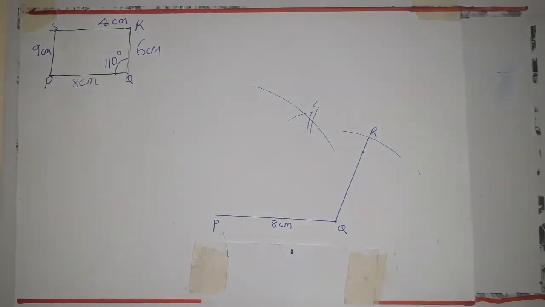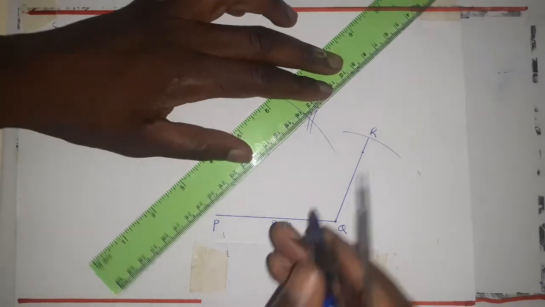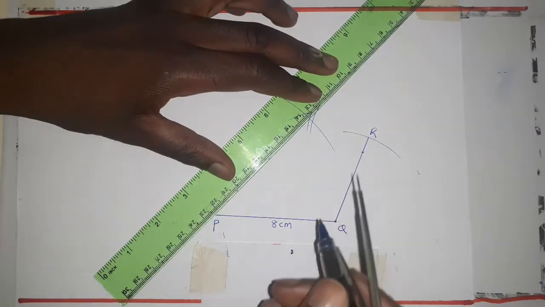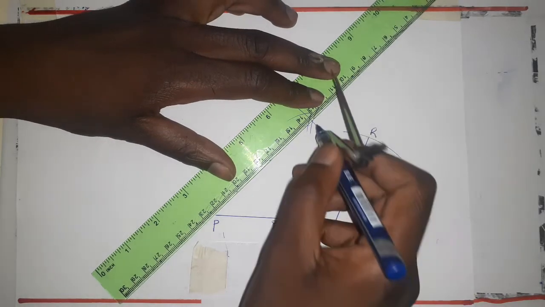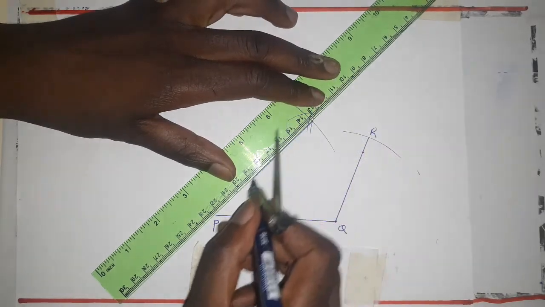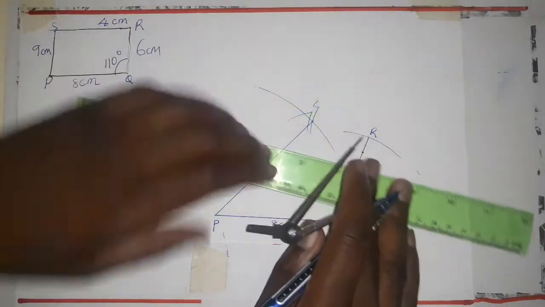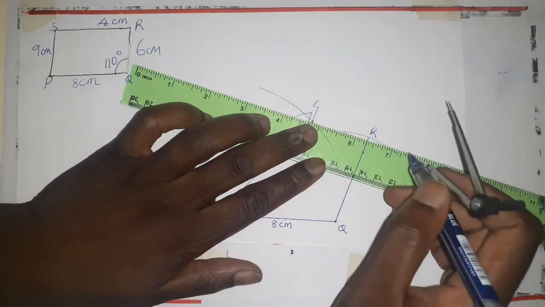So please, this is what we are going to do now. I'm sorry that there are those errors there. So we are going to move from this point now, we join. So it is going to be from here, we go to this point. This is 9 centimeters. Then coming down here, okay.